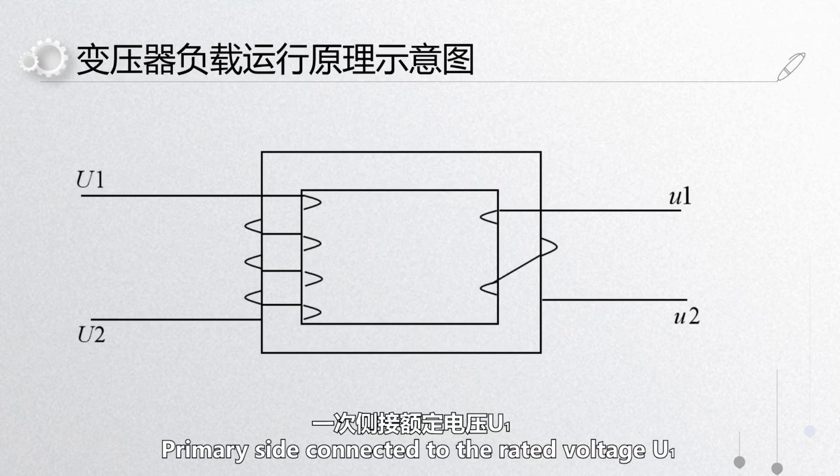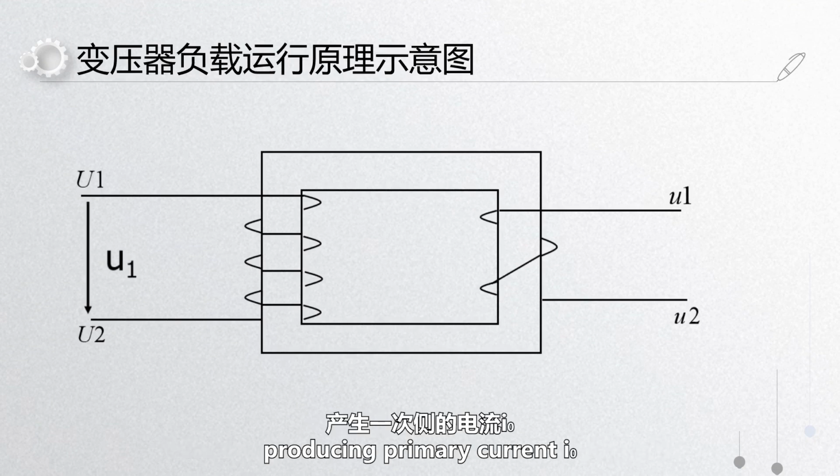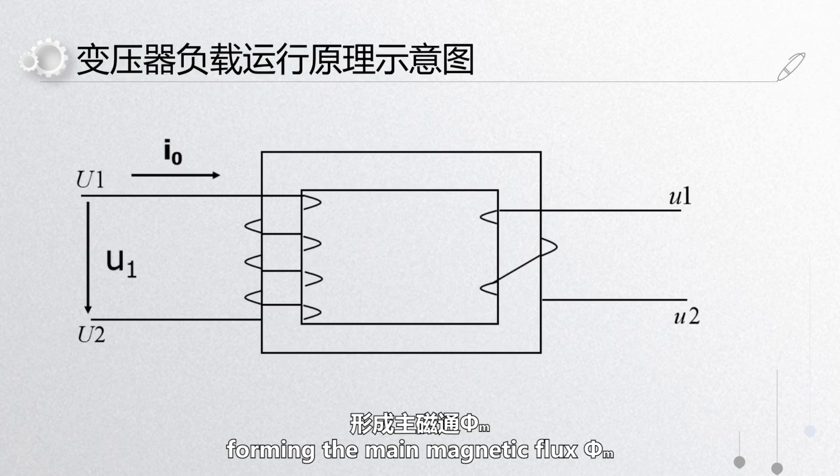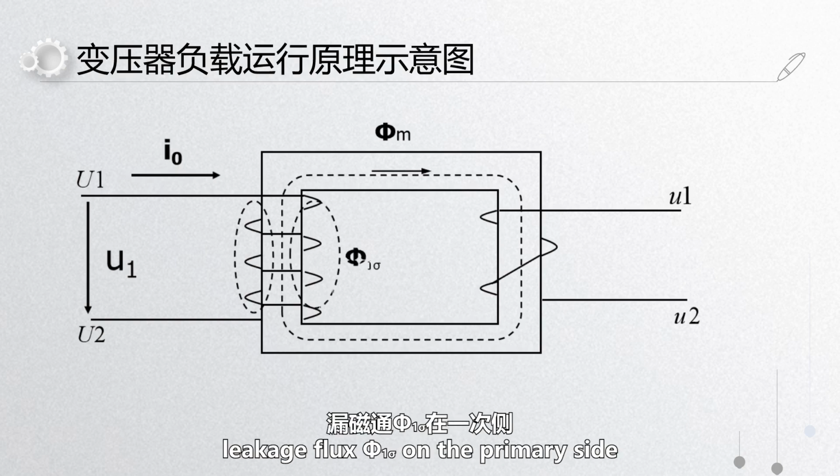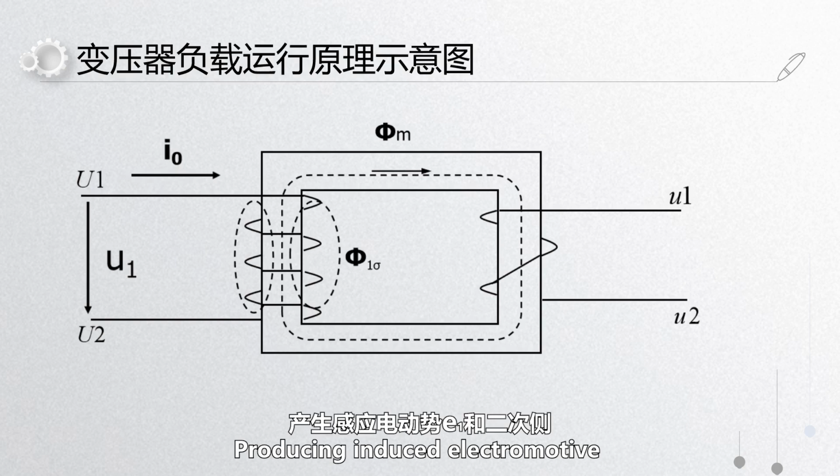The transformer's primary side is connected to the rated voltage U1, producing primary current I0, forming the main magnetic flux phi m, forming the primary leakage flux phi 1 sigma on the primary side, and producing induced electromotive force E1.